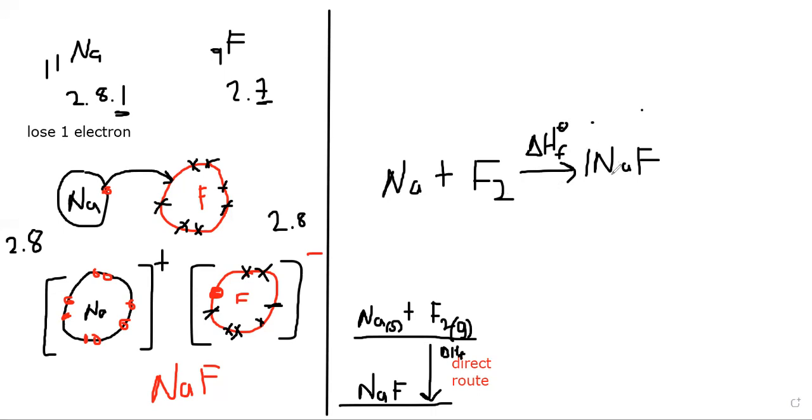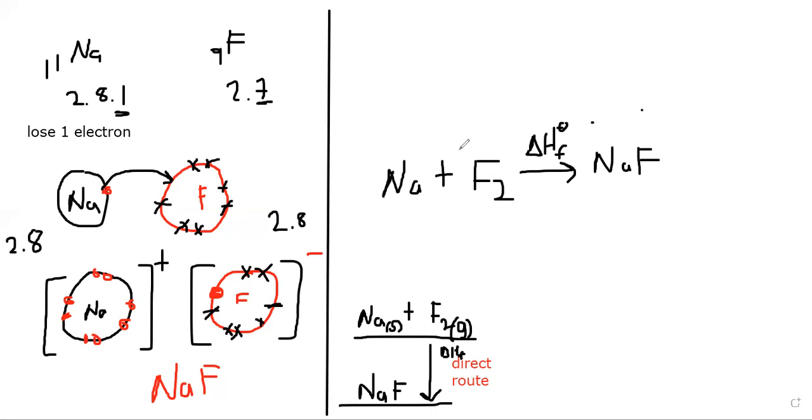If you try to balance this equation, you cannot say you have 2 fluorine here, so you are going to put 2 in front of it. This would make it 2 moles of sodium fluoride. But by definition, we are forming 1 mole of the ionic compound. So you cannot put any number in front of sodium fluoride. You have to adjust this so that it becomes 1.